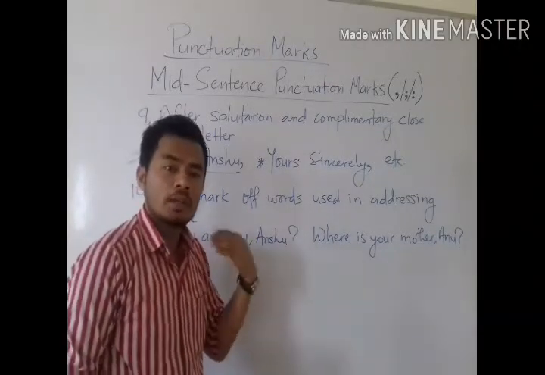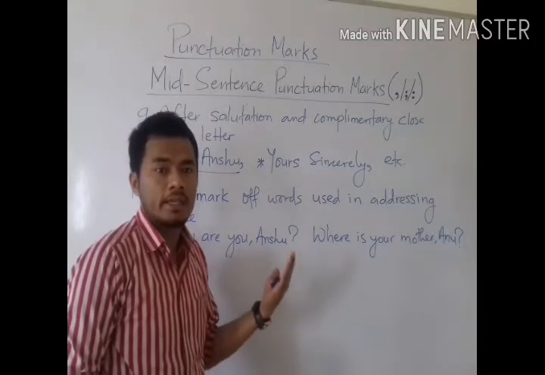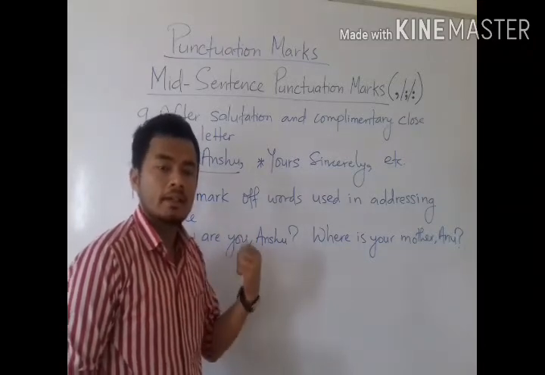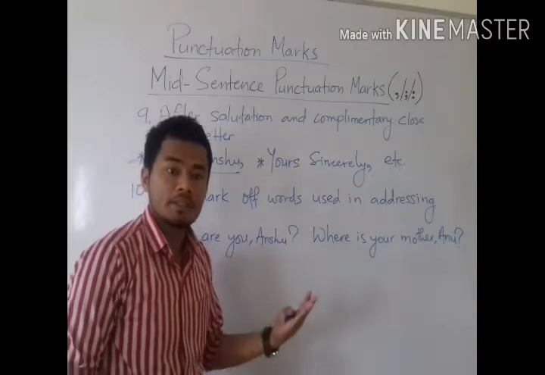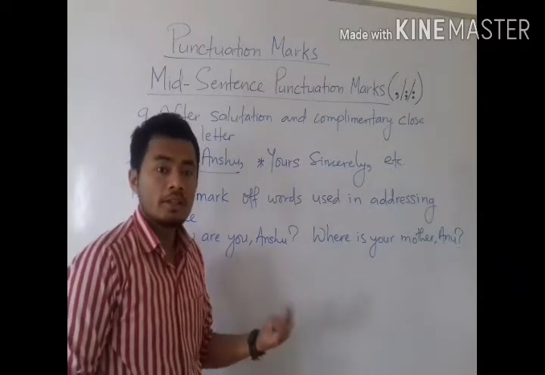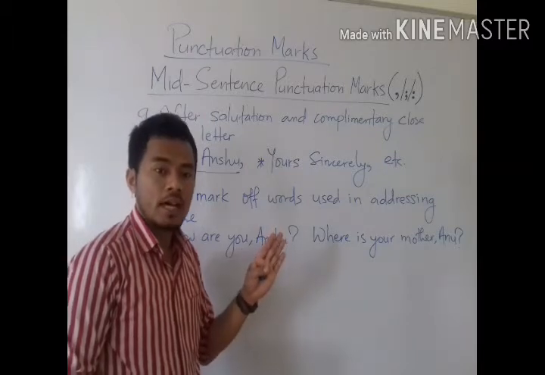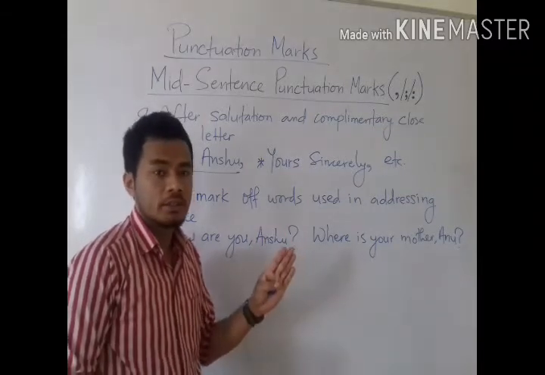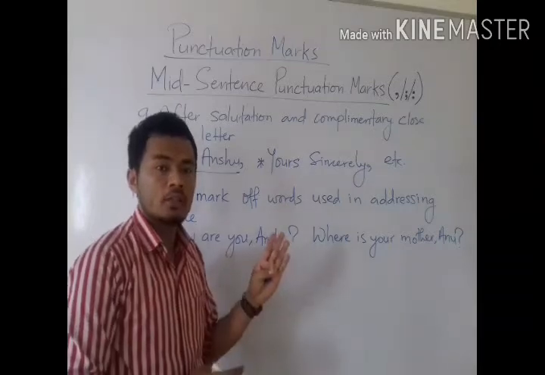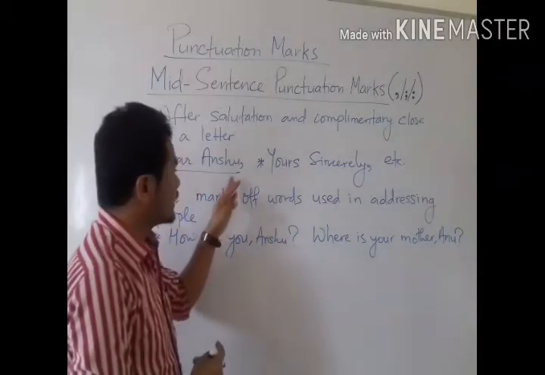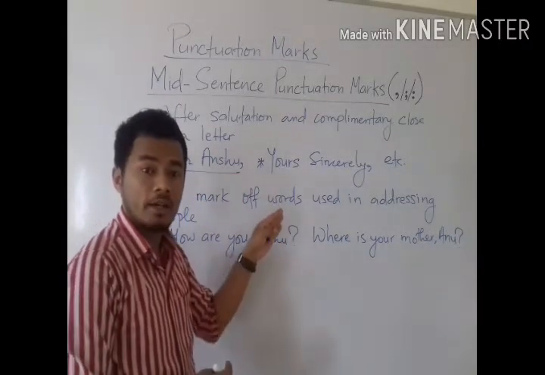After dear, we write someone's name to whom we are writing the letter, right? Like dear father, dear mother, dear Anshu, dear uncle. So after that salutation, after the name of that person, and before the body of the letter, we put comma. Okay, like dear Anshu, comma, dear father, comma, like this.